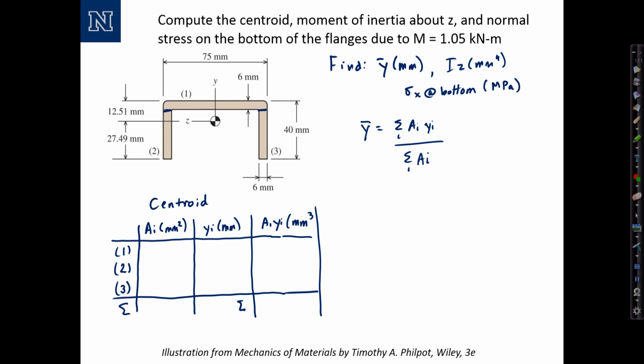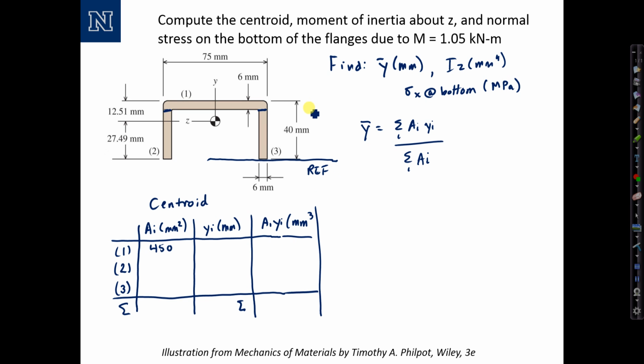Okay, let's start with section 1, the top web. The area of that section is equal to its width, 75 millimeters, times its thickness, 6, which is 450 millimeters squared. Its y sub i should be the value to the centroid of that section from a reference axis. So we need to define a reference axis. I'll take the bottom as the reference point.